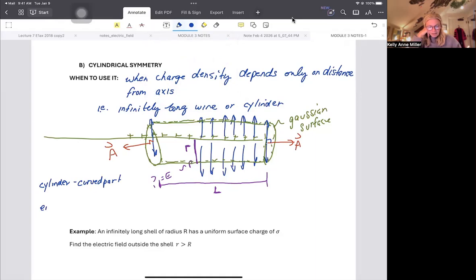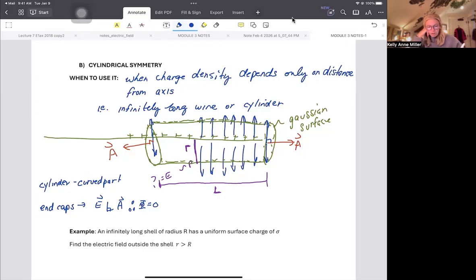Therefore, the flux is zero at the end caps.